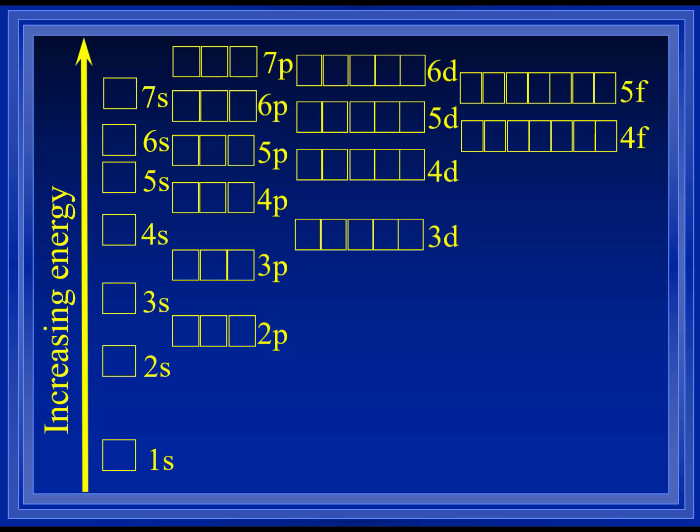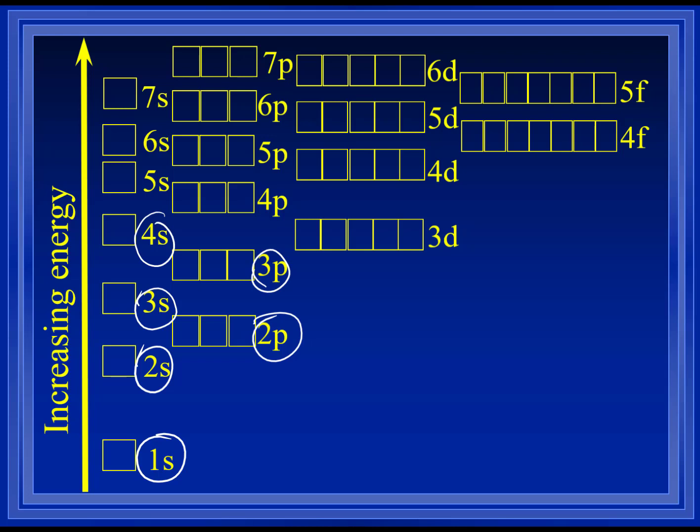So if you look at it, if you work your way up, first you're going to fill up 1s. It's at the bottom. Then you're going to fill up 2s. It's next highest. Then you're going to fill up 2p. It's next highest. Then you're going to fill up 3s. Hey, we're doing 1, 2, 3. I thought you said it wasn't 1, 2, 3. Then I do 3p. Okay, but actually on your diagram, 4s is lower than 3d.